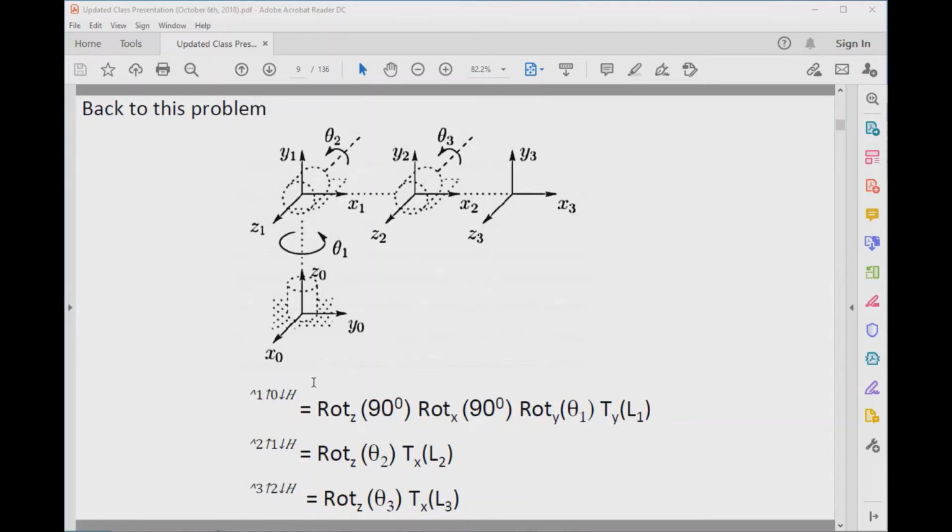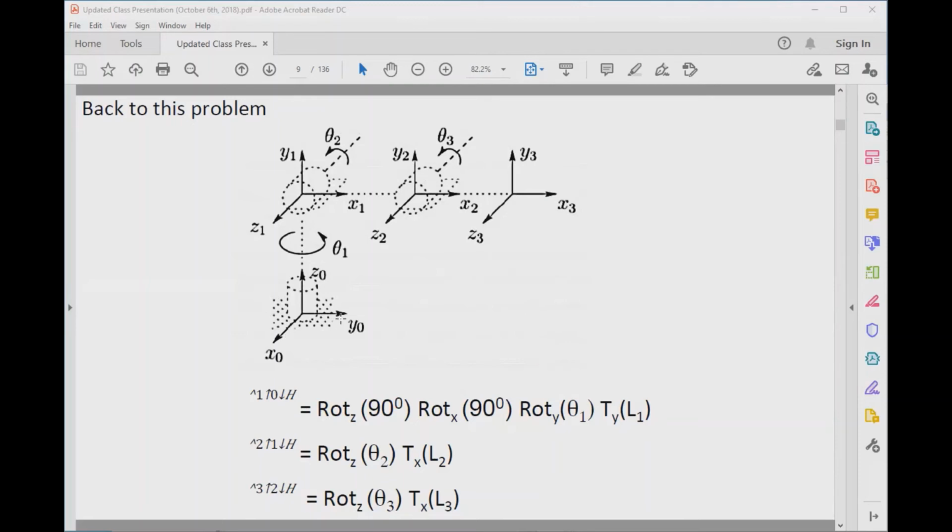But I want to teach another way of doing that. You can follow the sequence of rotations that will make this frame be in the same direction as that frame, even including the angle theta 1. So you rotate the first frame about z.